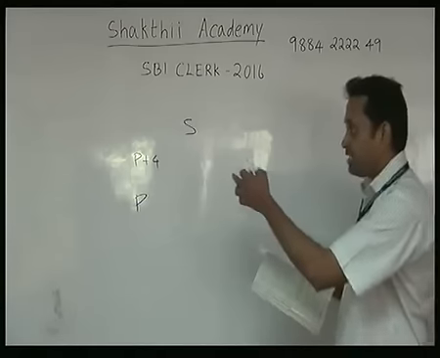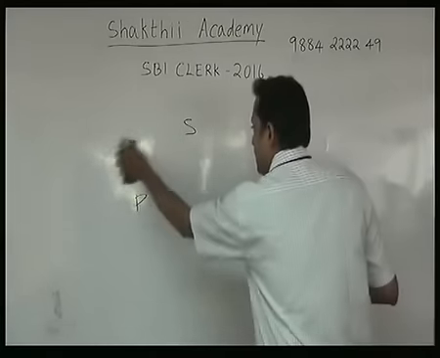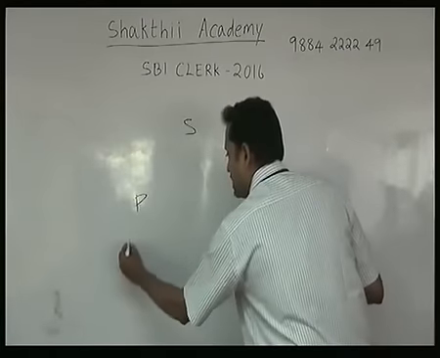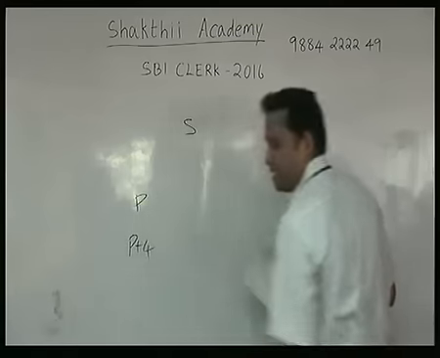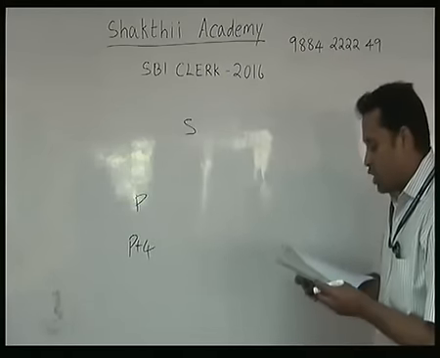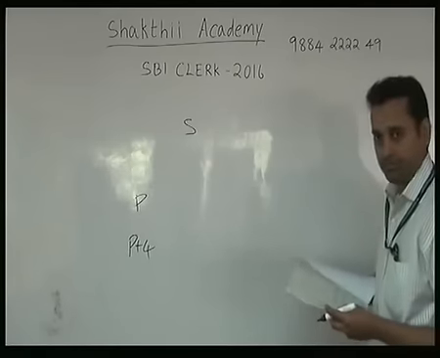I am writing like this for our convenience: present age, so present age plus 4 will be here. Clear? So that I can write easily.